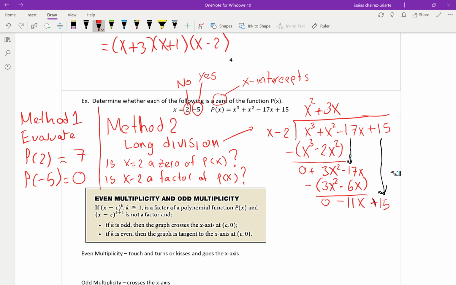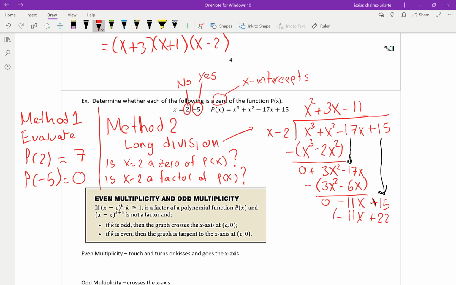Okay, and then more of the same. Let me think about what's the next part of my quotient. Something times x is supposed to give me negative 11x. Well, I think that has to be negative 11. So negative 11 times x, that's negative 11x. And then negative 11 times negative 2, that would be positive 22.